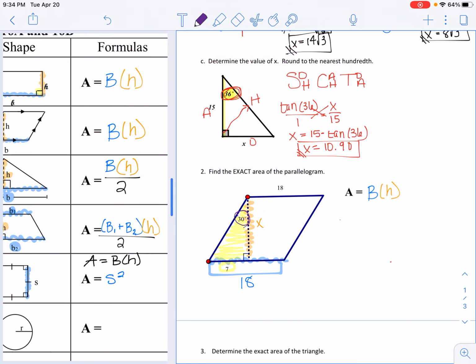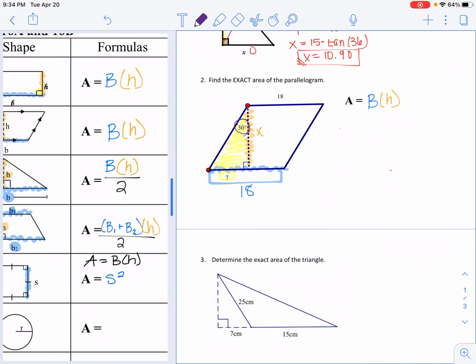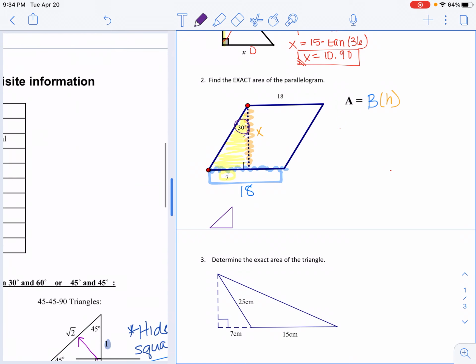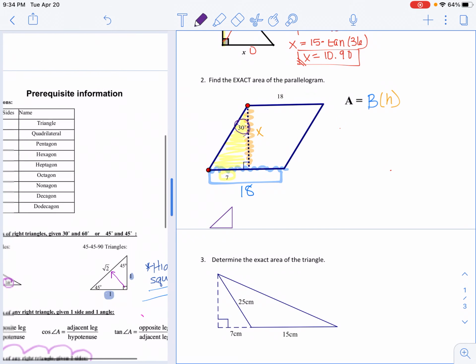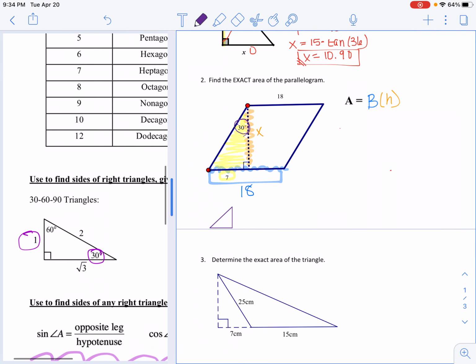So since I have the 30-degree angle, I'm going to use my 30, 60, 90 triangle relationship to first find the height. All right. I'm going to draw my most basic 30, 60, 90. Okay, go ahead, pause the video and use your 30, 60, 90 as a guide to draw the similar triangle and set up the proportion to find the height.